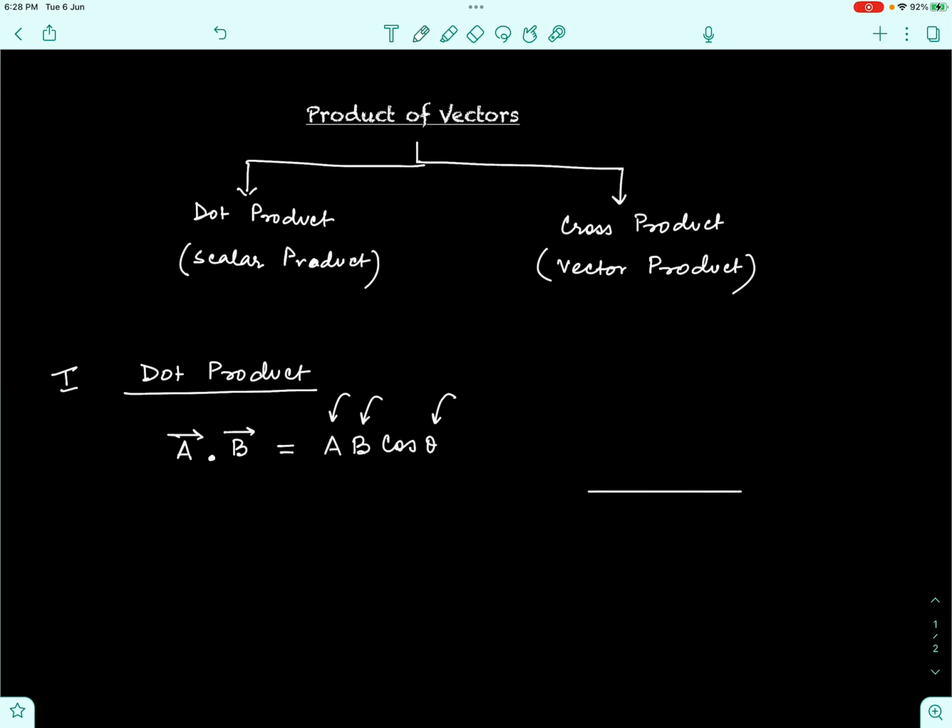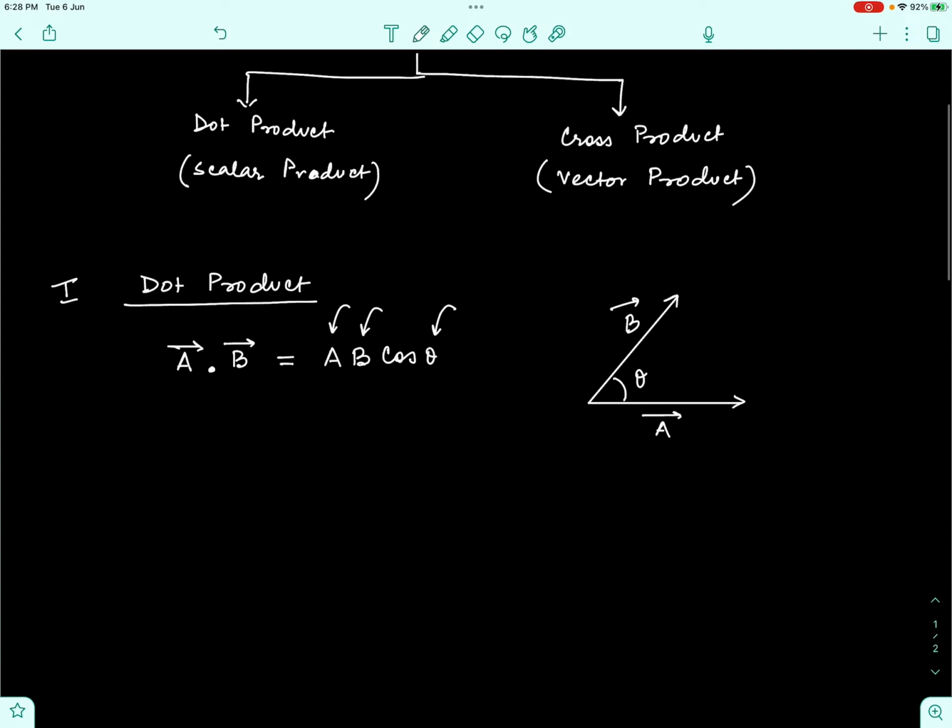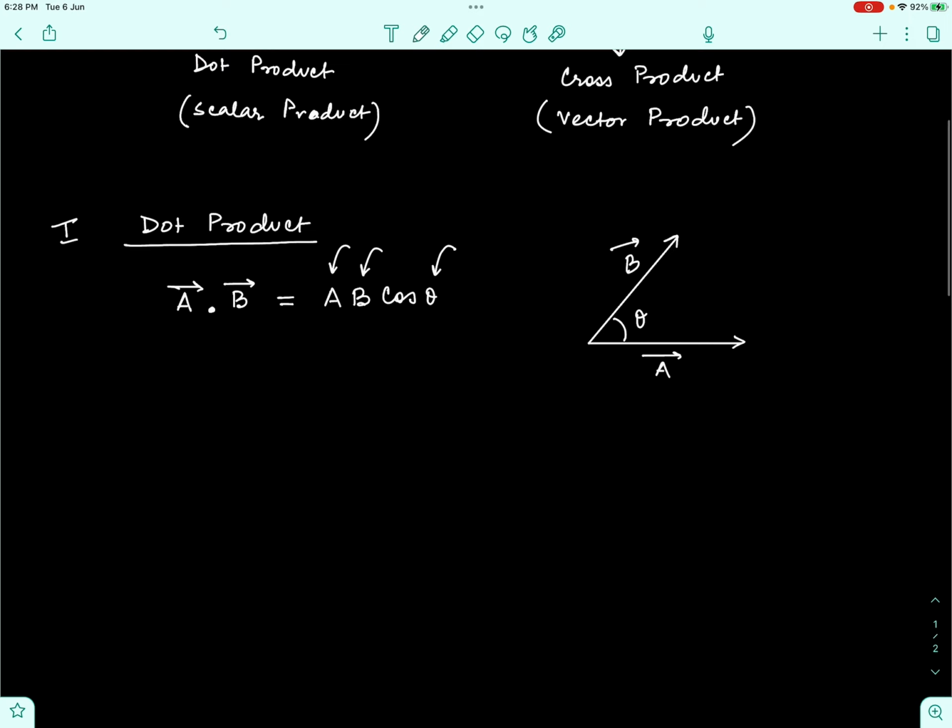So, if there is this vector A and a vector B, and both of them make an angle of theta with each other, then it is this theta that we are supposed to use to find out the dot product. Okay. So, as we define dot product using this expression, we can look for some special cases here.